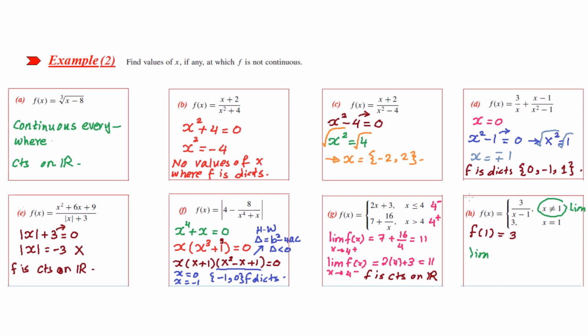Okay, so limit f of x when x goes to 1 equals 3 over 1 minus 1, which is 3 over 0. That means the limit does not exist. So since the limit does not exist at x equals 1, then f is not continuous at x equals 1. This is the value of x where f is discontinuous.